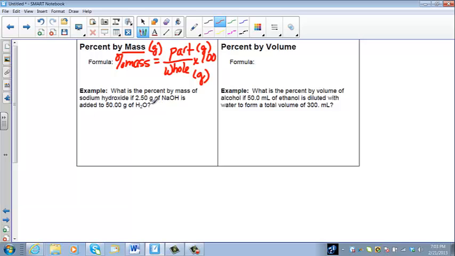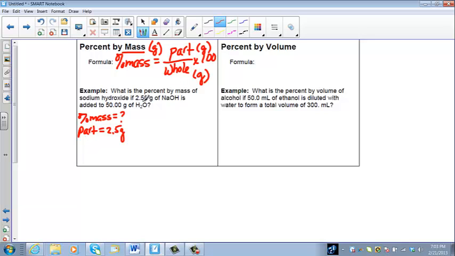So what is the percent mass? So we don't know percent mass of sodium hydroxide if 2.5 grams of NaOH, so that's our part, is 2.5 grams, and our whole is 50 grams.